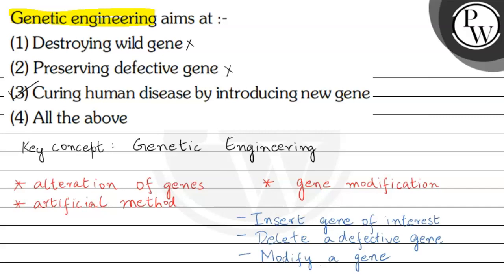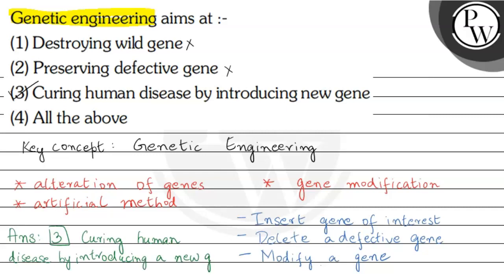So if we see the answer now, so the final answer for this question is option 3, that is curing human disease by introducing a new gene. So this best explains genetic engineering and therefore option 3 is the final answer.